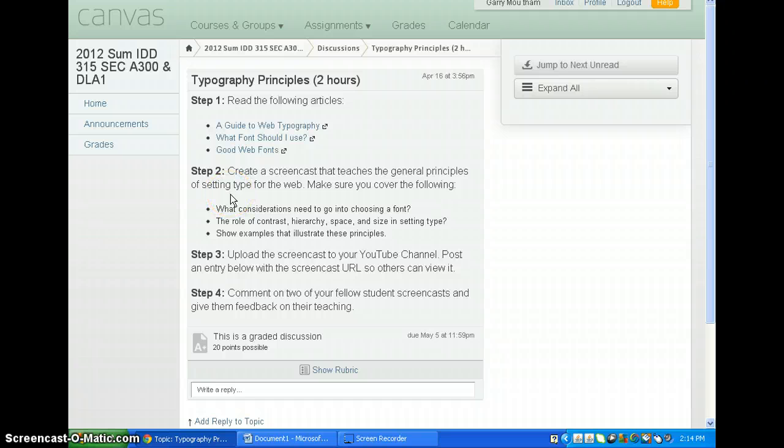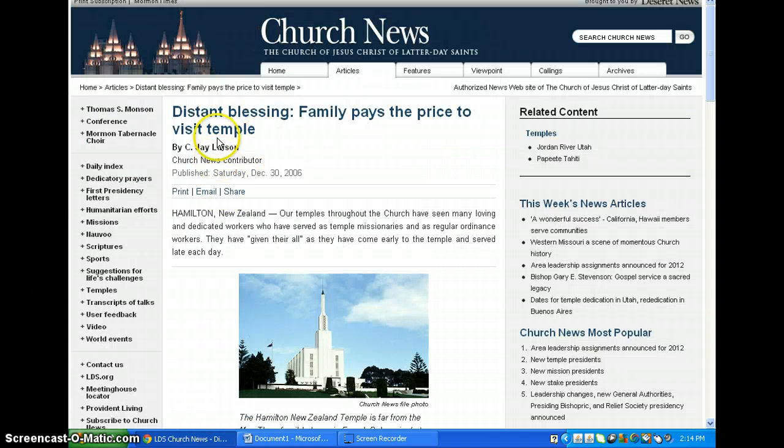For the hierarchy, the best way is to differentiate the contents. As I said earlier, you can differentiate the title from the subtitle and the content itself with the picture over here. And then the space, I actually talked a little bit about it.